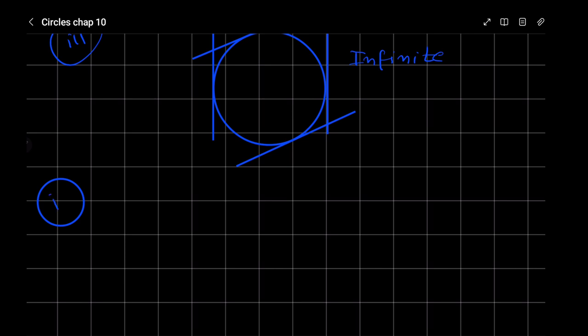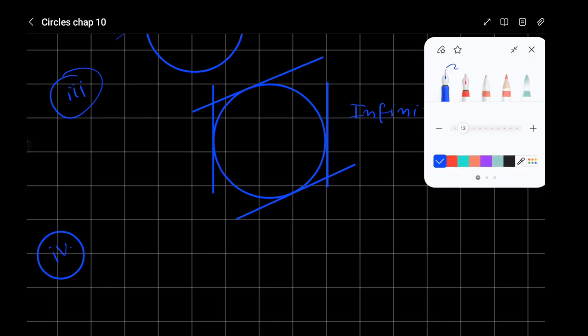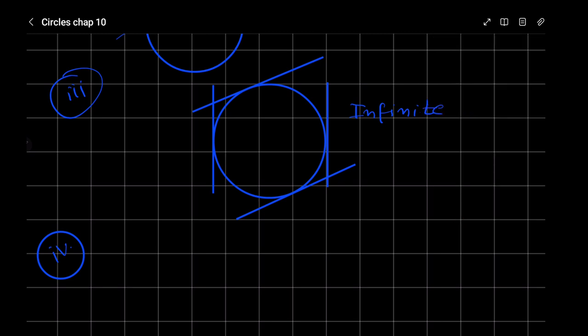Next question is, the common point of a tangent to a circle and the circle is called the point of contact. We can also see here. For example, if this is a tangent, what is the common point of the tangent and the circle?